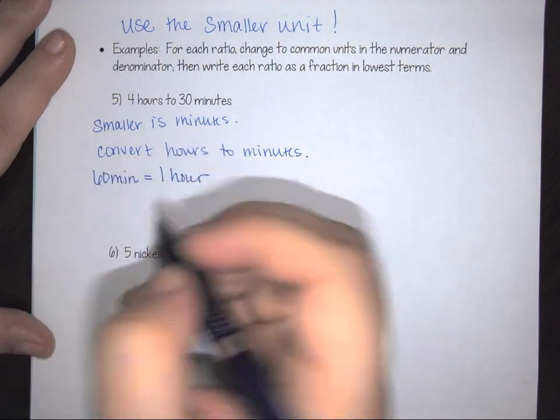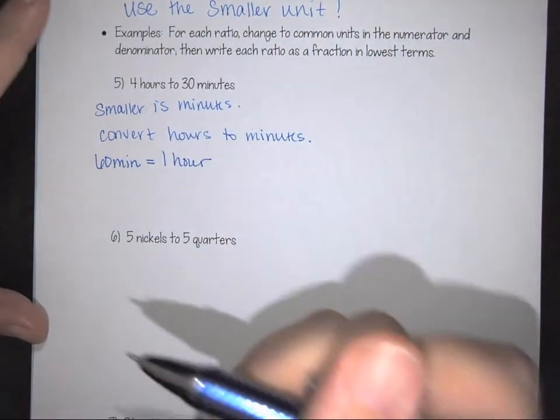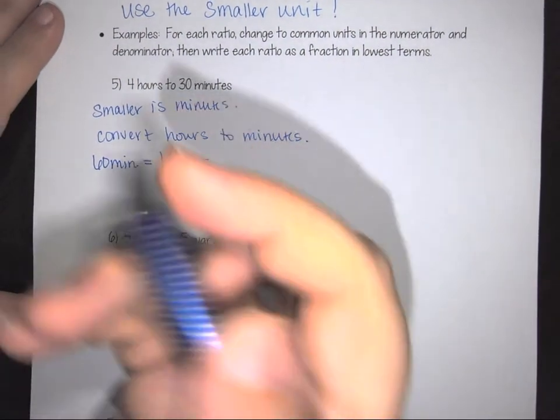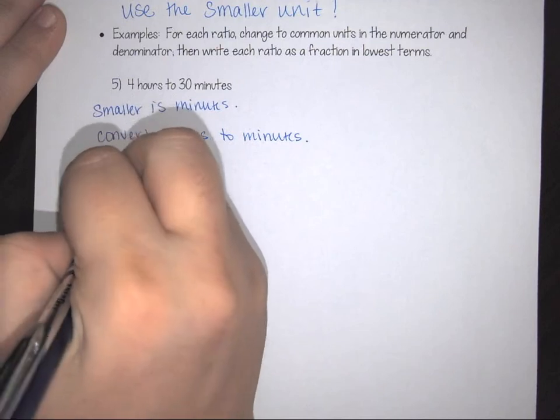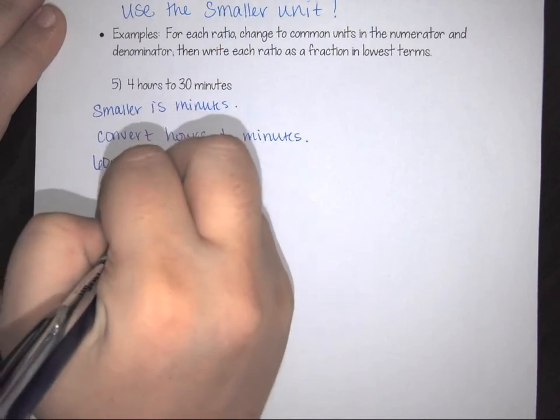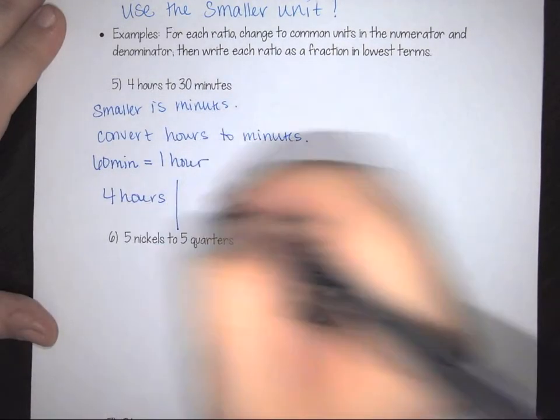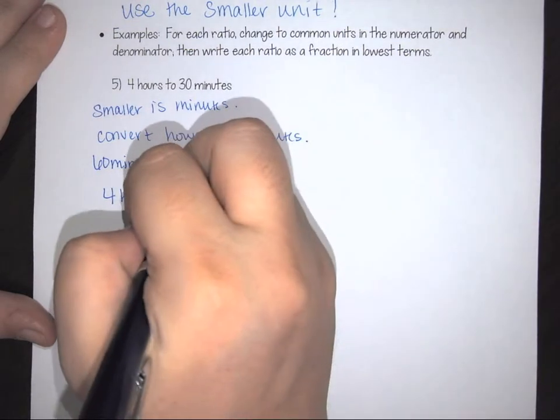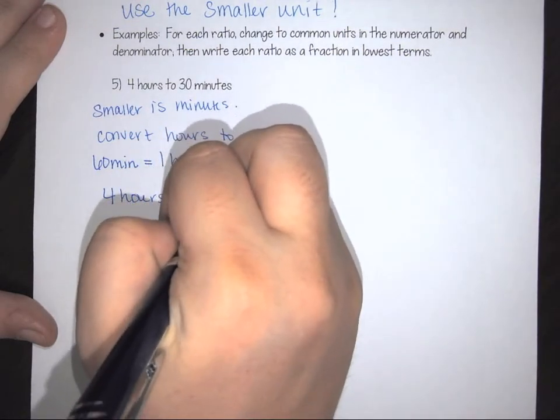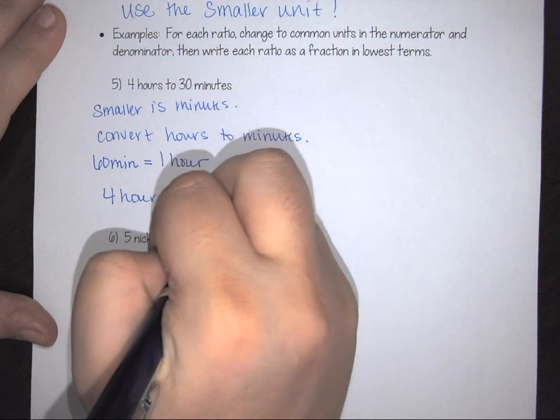So this is where anybody who has a science background, a lot of it comes out. So we're going to start with the fact that we have 4 hours. And I need to convert that to minutes, so this becomes 60 minutes per hour.